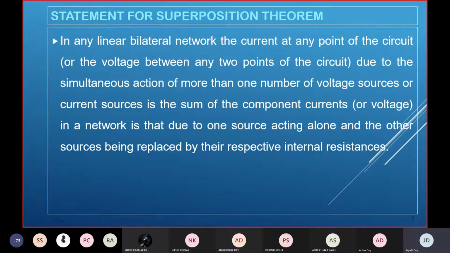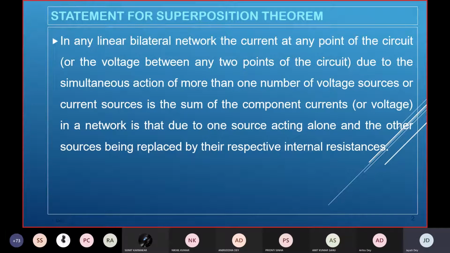According to the statement of superposition theorem, in any linear bilateral network, linear means it obeys the homogeneity and superposition principle, and bilateral means current can flow in any direction, obviously forward and backward.